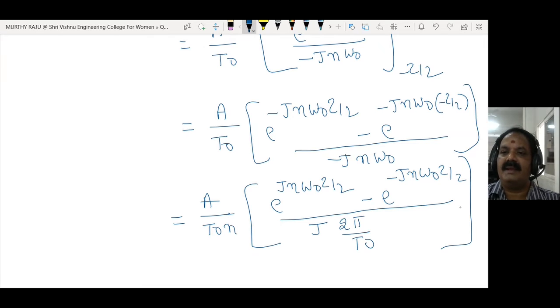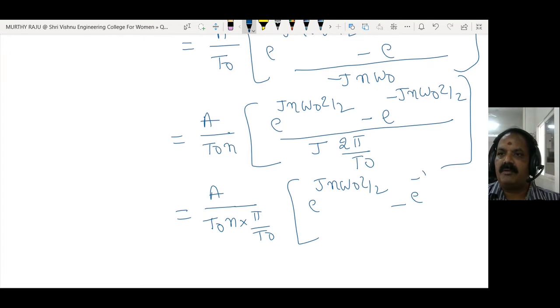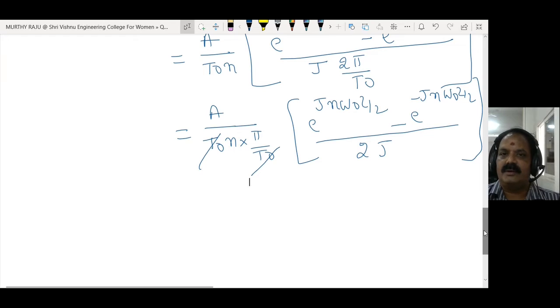So we get A by T naught n, times pi by T naught, times e power j n omega naught tau by 2 minus e power minus j n omega naught tau by 2, divided by 2j. T naught cancels. Therefore, A by n pi.